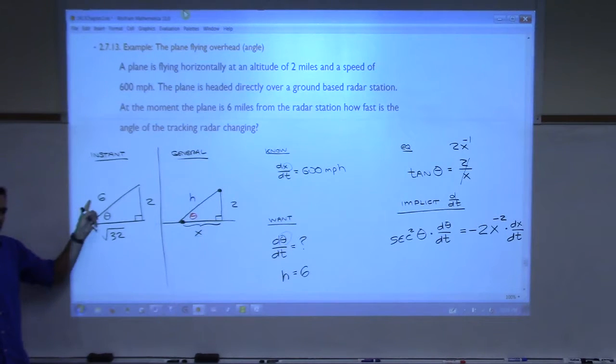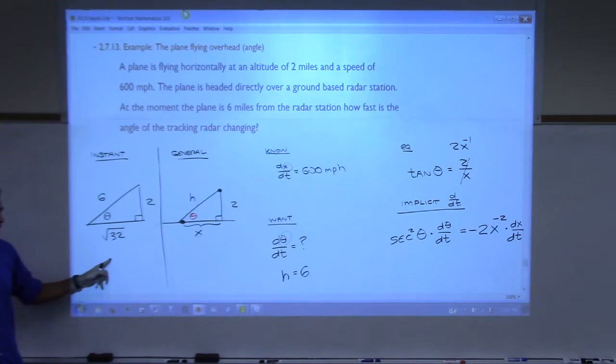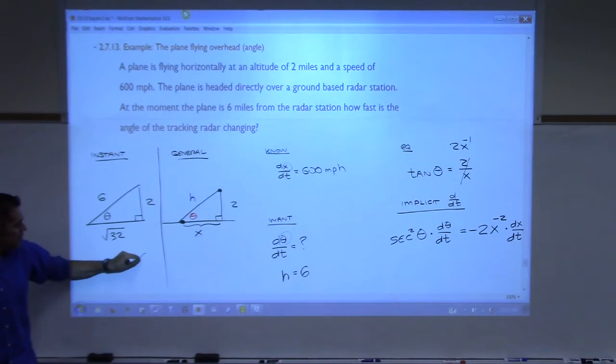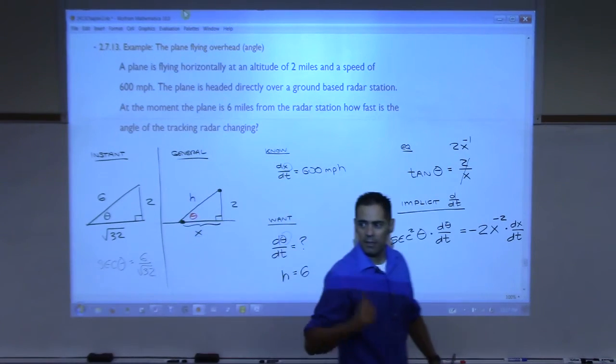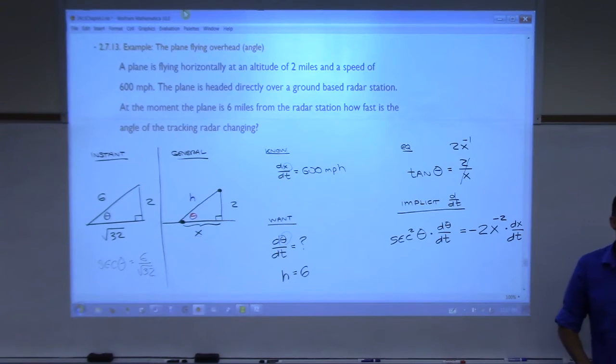So secant is hypotenuse over adjacent. So 6 over root 32 is secant theta. Agreed? But it's squared over here, which is fine. I can square that. See, I didn't have to solve anything. I just used the triangle to figure out what that was.